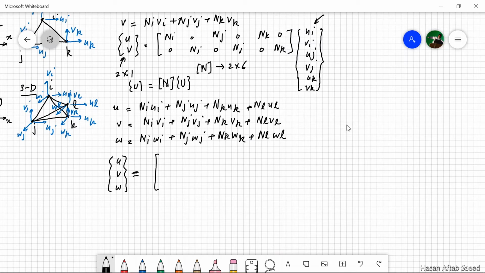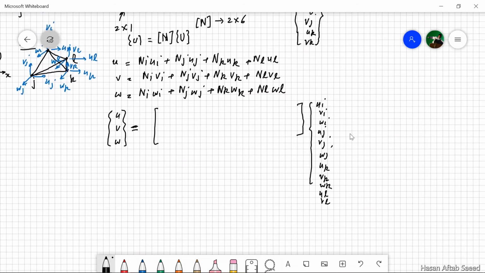This is given by again the n matrix, and this time on the right hand side the nodal displacement vector will have 12 elements: ui, vi, wi, uj, vj, wj, uk, vk, wk, ul, vl, and wl.